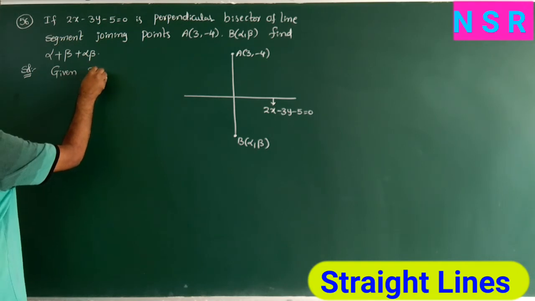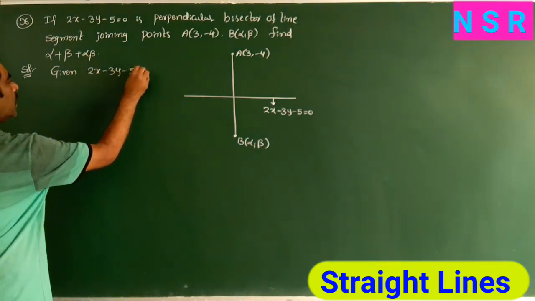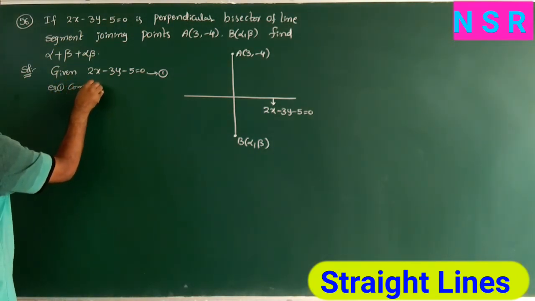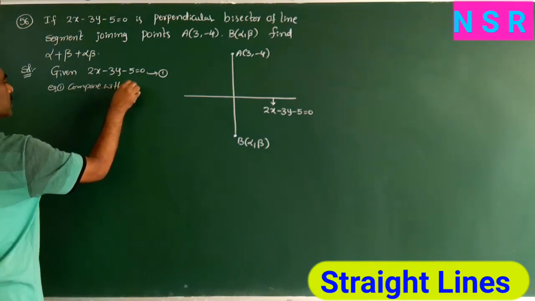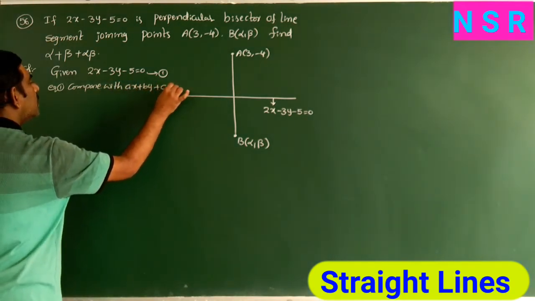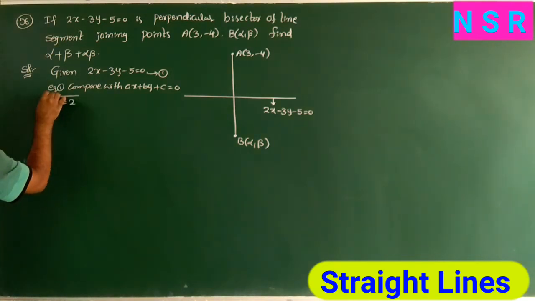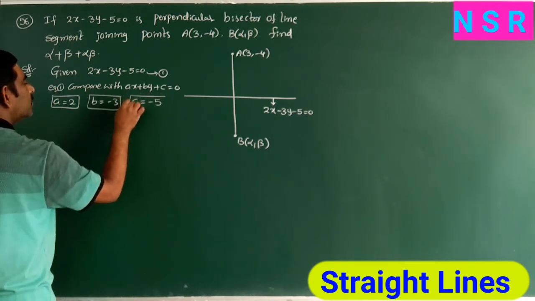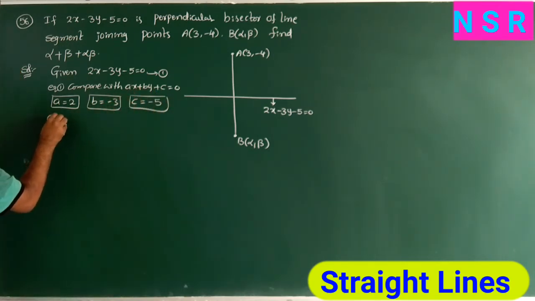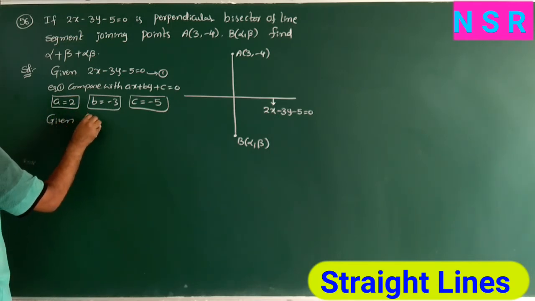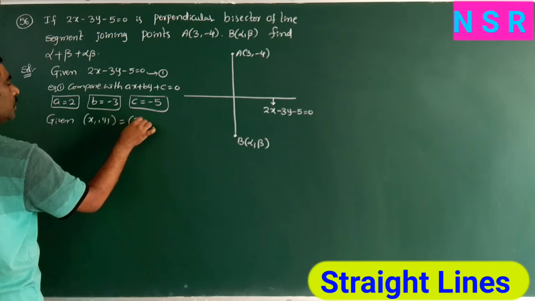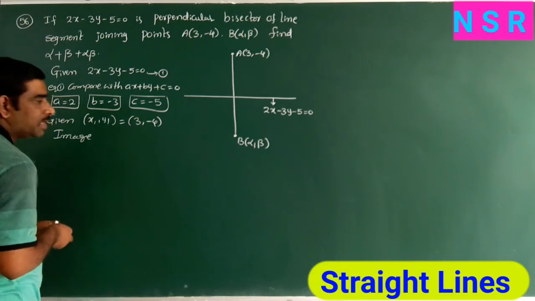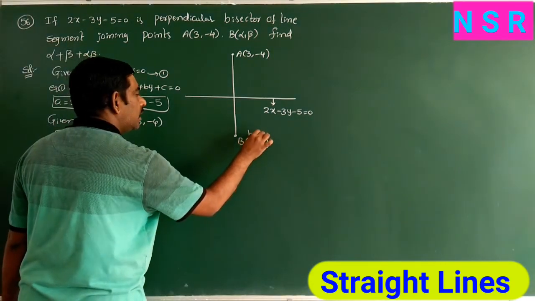Here 2x minus 3y minus 5 equal to 0, take it as equation number 1. Now compare equation 1 with ax plus by plus c equal to 0. So here a equal to 2, b equal to minus 3 and c equal to minus 5. And also the point x1 comma y1 equal to 3 comma minus 4 is given. Now for the image, in place of h comma k, write alpha comma beta.